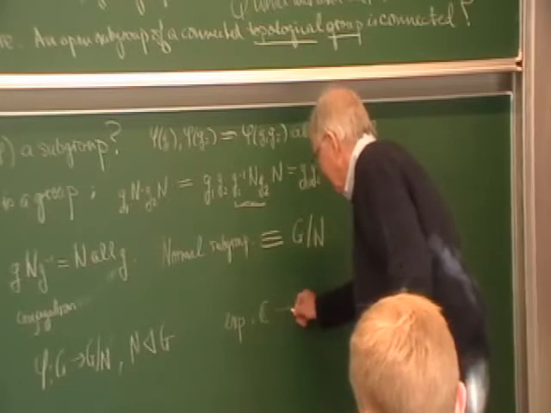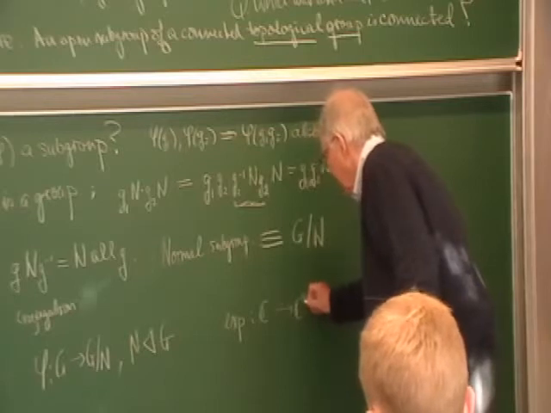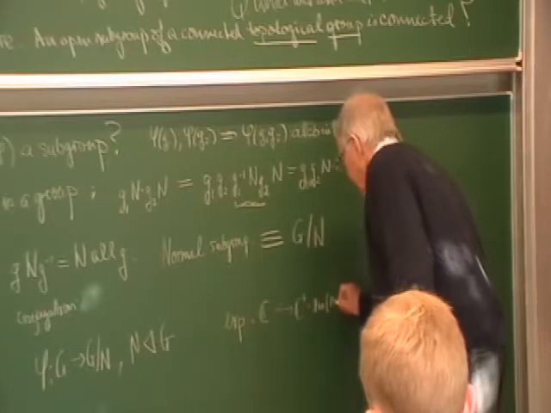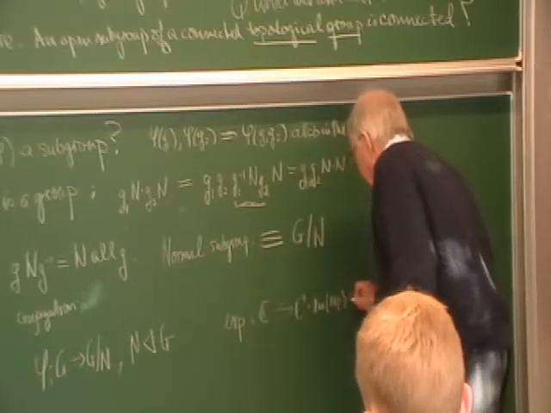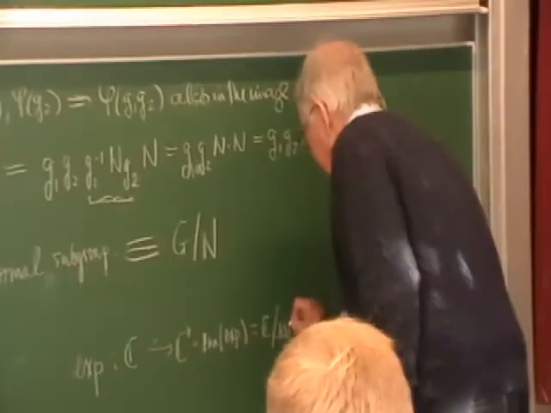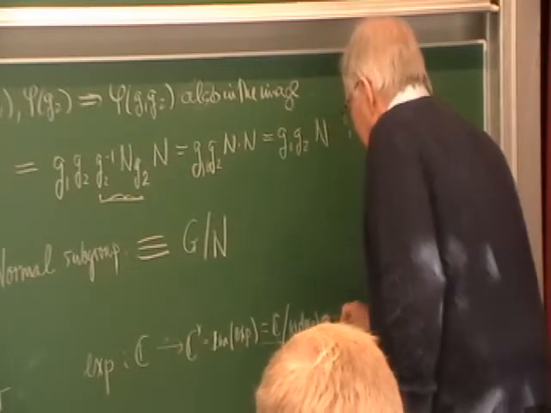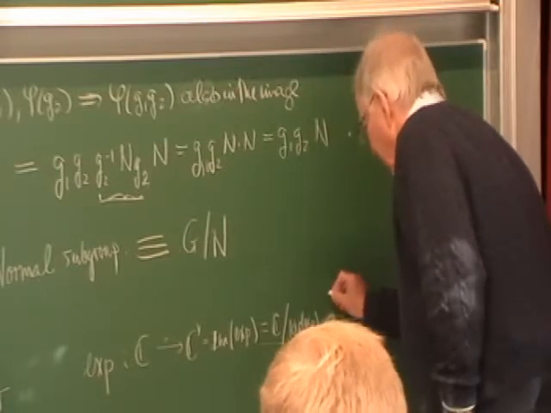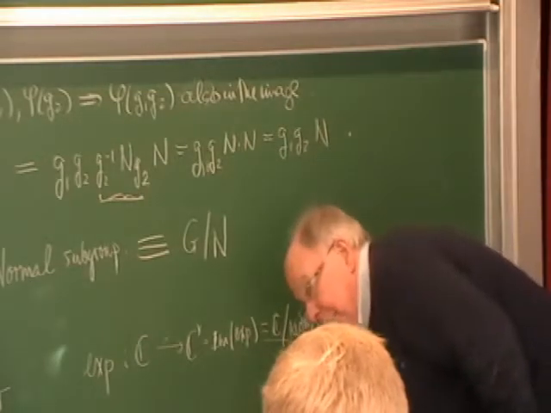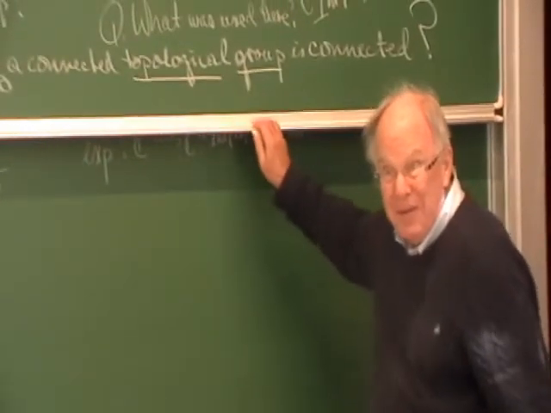So this goes to C star, which is the image of X, which is C modulo the kernel of X. In the above notation that is G modulo n. And so our job is to understand the kernel of X.